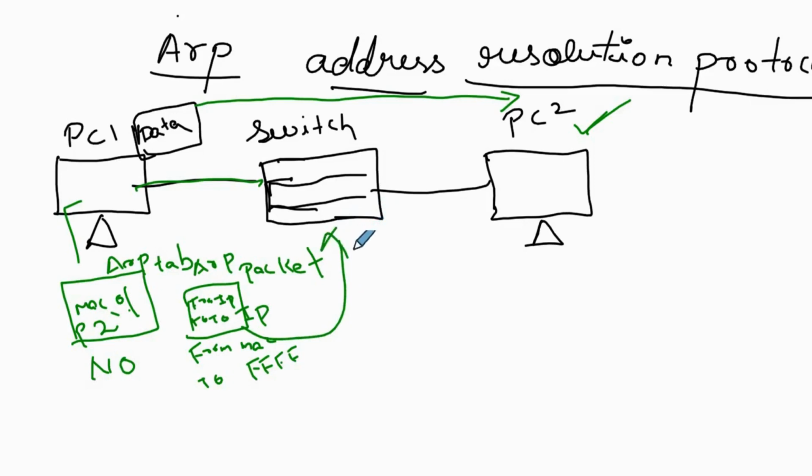Now the switch will identify only the MAC address of PC1, and it will put the entry of PC1's MAC address.